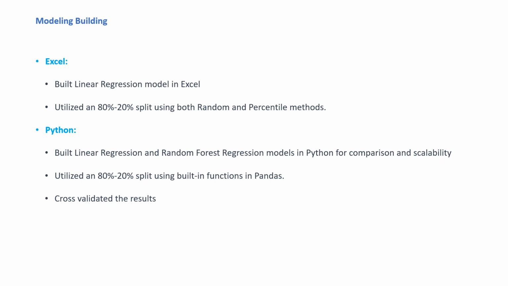So I switched over to Python, took some tutorials and courses, and was able to build simple regression and random forest models in Python for comparison and scalability purposes. I also used an 80-20 train and test split using the built-in functions, and I cross-validated these results between Excel and Python, and then within Python between the regression and the random forest outputs.